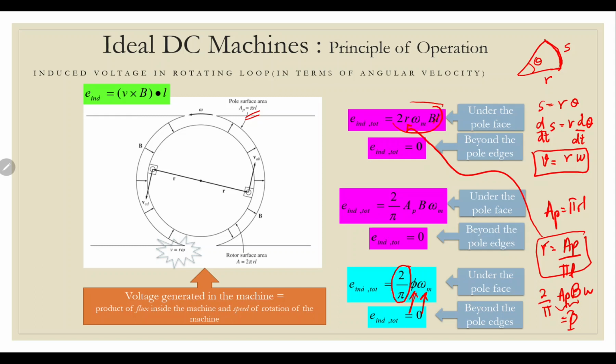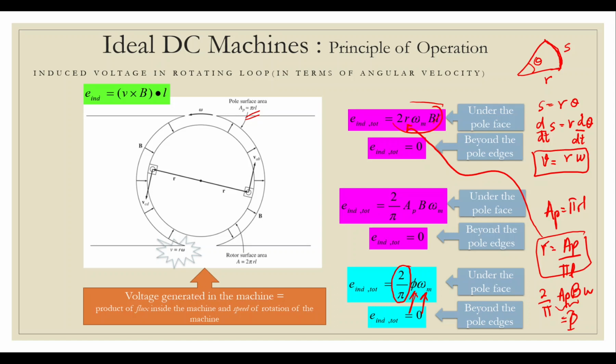This 2 over pi is there because there is one single coil. If you have multiple coils with multiple arrangements, you will have a different constant. So we can reduce the dependency of the voltage we get from a DC machine into a machine constant because of the construction, the total flux inside the machine, as well as the speed.